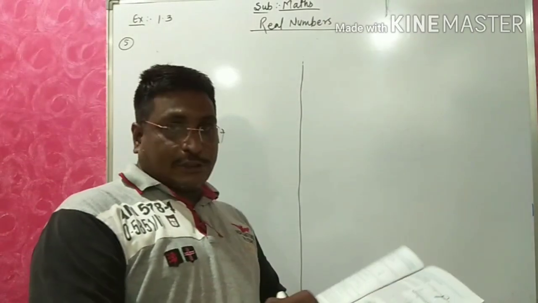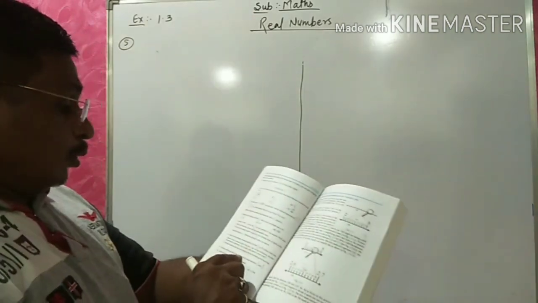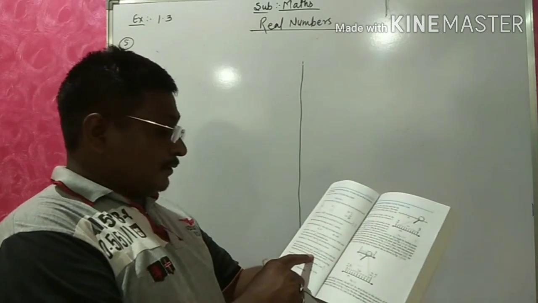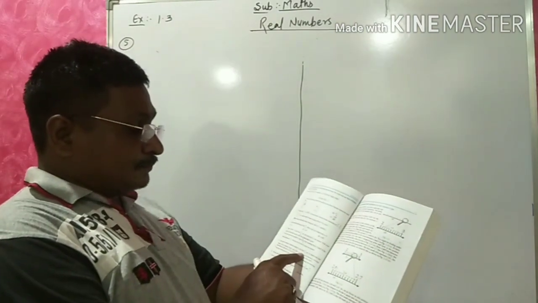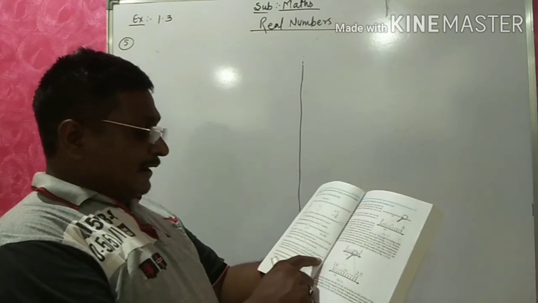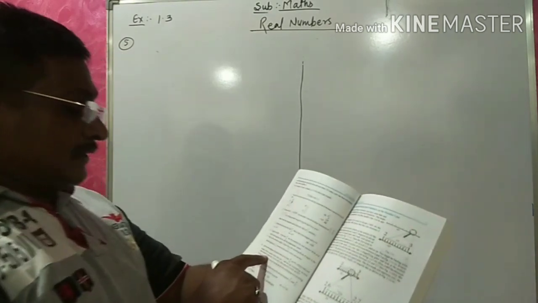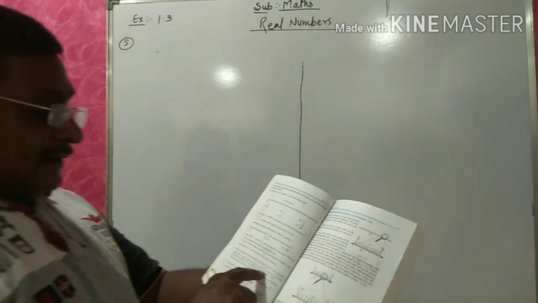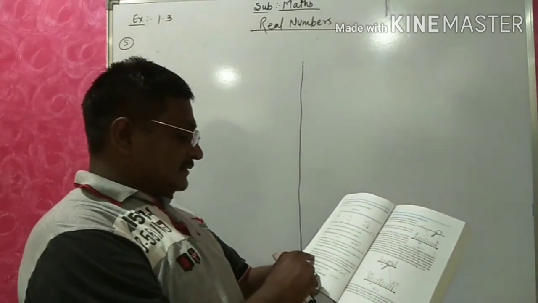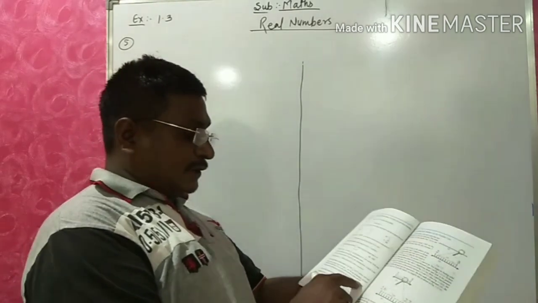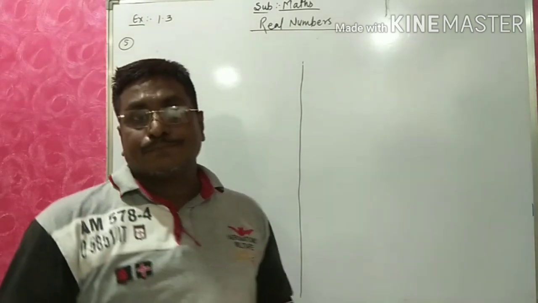Now sixth question. See, students, look at several examples of rational numbers in the form P by Q, where P and Q are integers with no common factor other than 1 and having terminating decimal representation. Can you guess what property Q must satisfy?